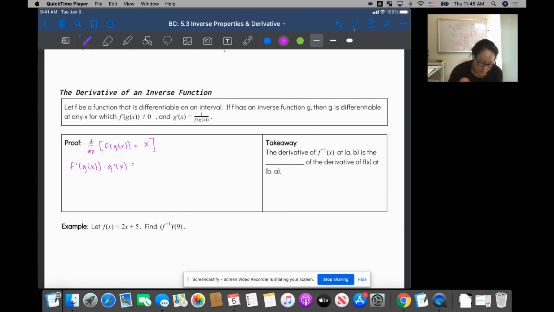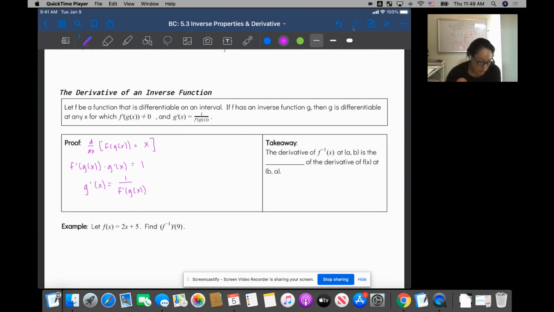The derivative of x is 1. And then to isolate g prime, I just divide, and I get g prime of x equals 1 over f prime of g of x.